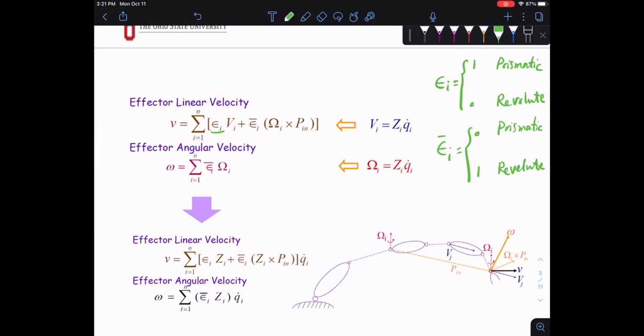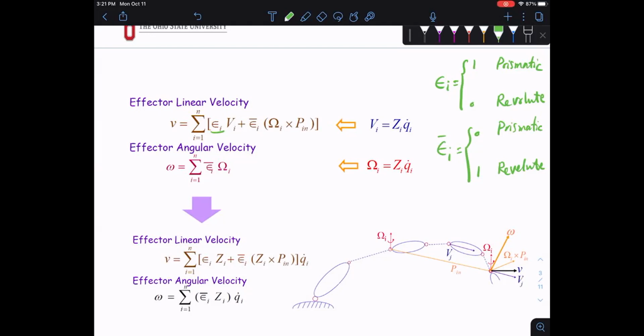So to write the linear velocities, if you want to open this, these are the velocity times q_i, q dot i, the effect of each joint, right? However many joints you have. Same for angular velocity.